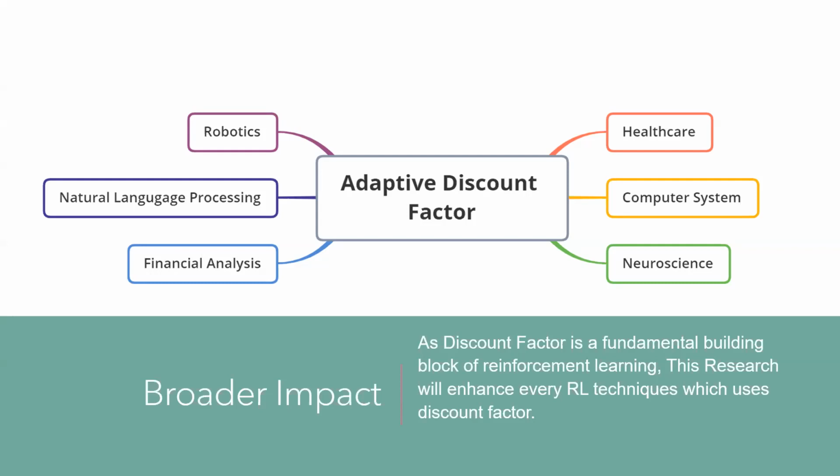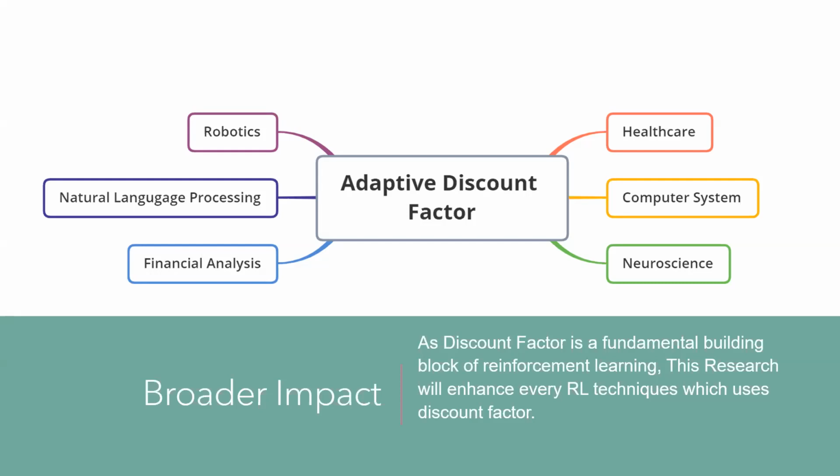Reinforcement learning is sequential learning, and it will affect every reinforcement learning algorithm and application, because gamma is universal in reinforcement learning, and it affects every field that has sequential decisions.